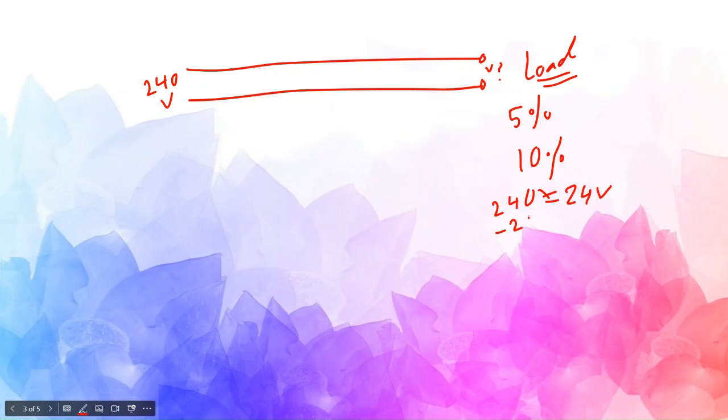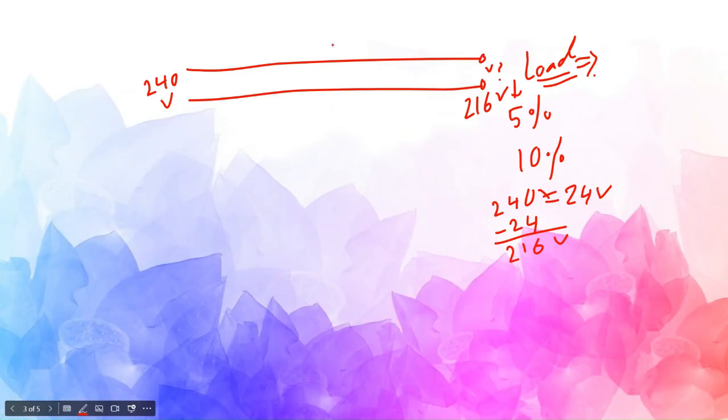So 240 minus 24 volts becomes 216 volts, right? Any voltage below 216 volts here, this load will not work. So we need to know what the voltage drop is here.